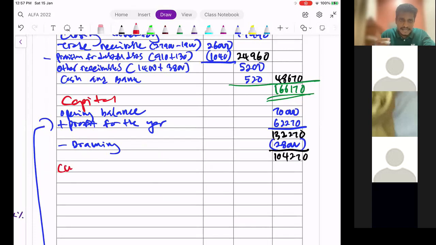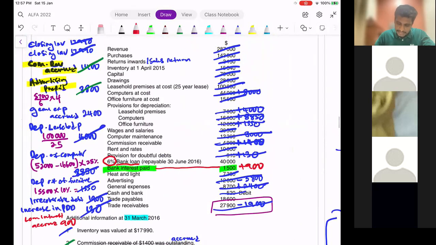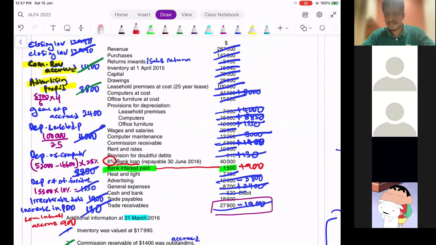This one will be plus non-current liability, but I didn't see any non-current liability here. Do you see any non-current liability? Oh, loan. Is this loan a non-current or current liability? You will pay back in June 2016.